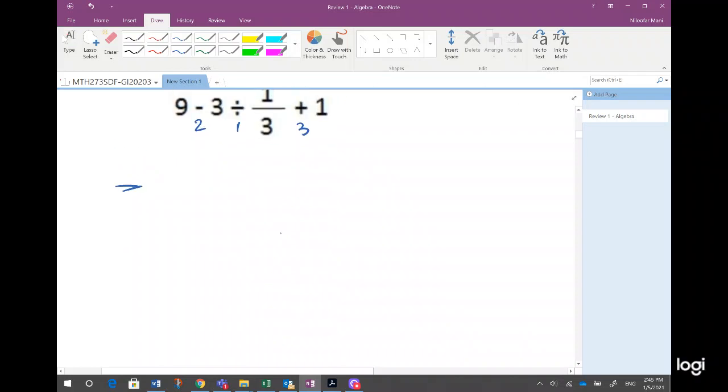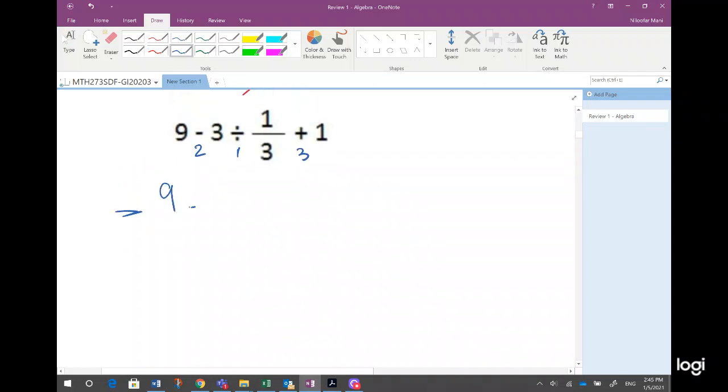I use equal for each line. So equal 9 minus 3 multiplied by 3 plus 1, which is 9. Yes, I changed to multiplication and I flip it. So it is 9 minus 9 plus 1, which is 0 plus 1, which is 1. This is the answer.